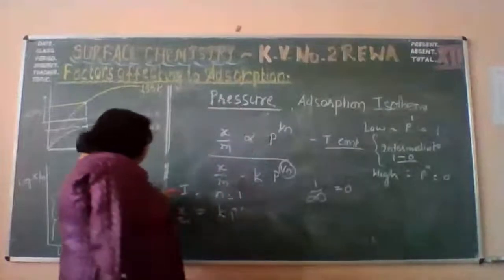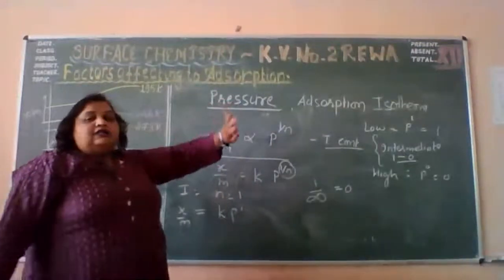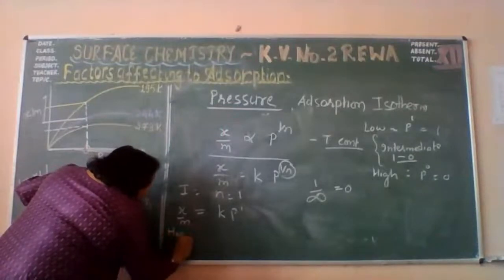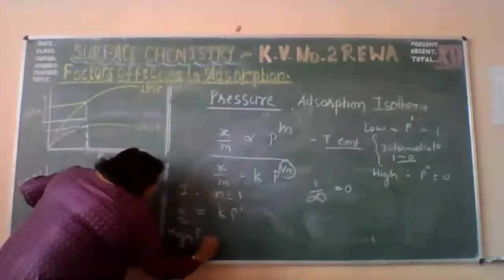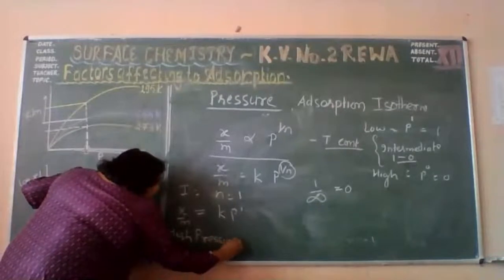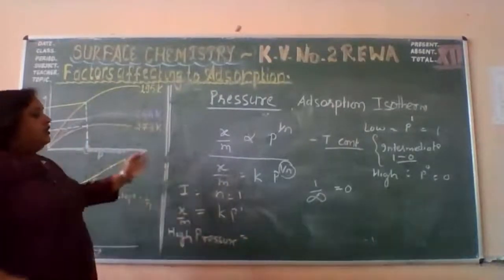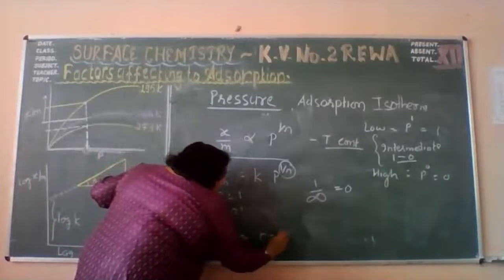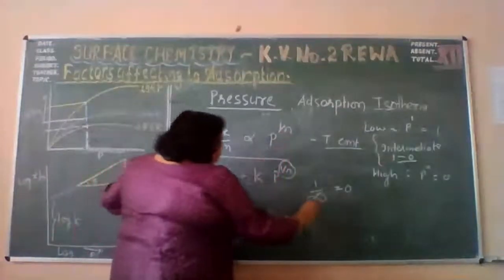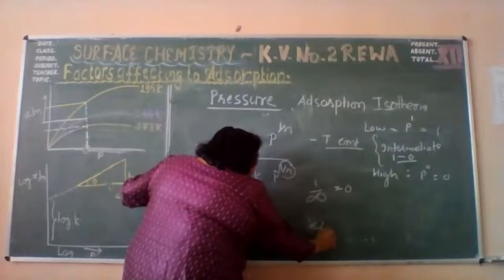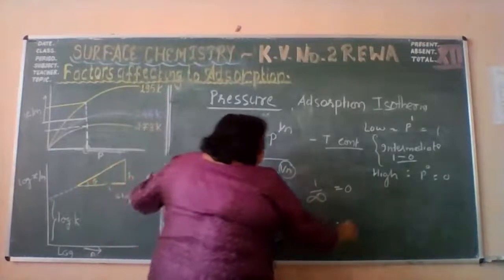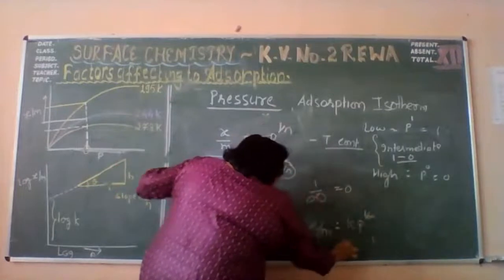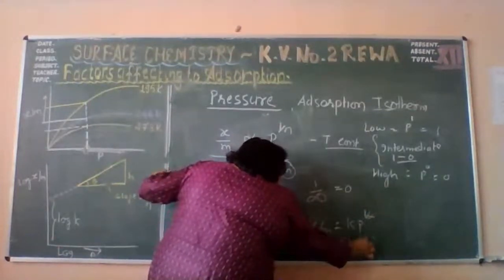So for the last condition, that is the high pressure condition, which condition is there? That is the high pressure condition. In that case, the value of n will be infinity, and the value of x upon m will become k p to the power 1 by infinity, and that will be k p to the power 0.